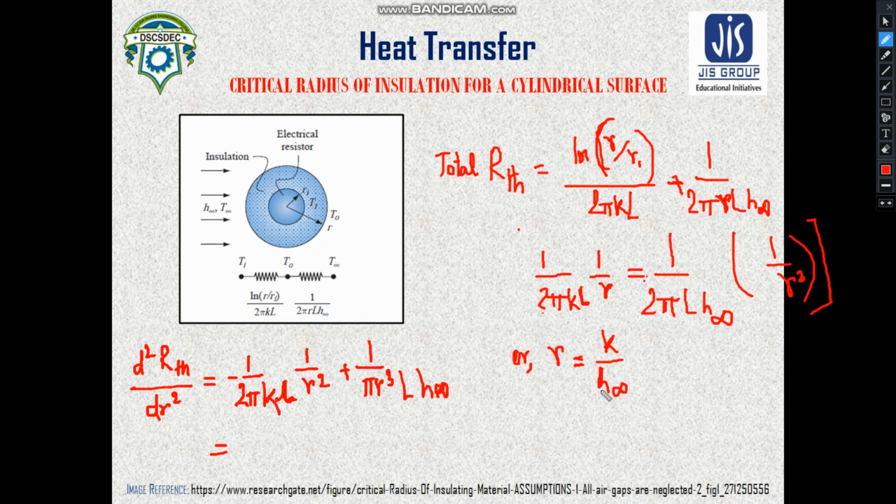So here you have to put this value, and ultimately you will find this becomes h infinite to the power 2. That means h infinite square divided by 2 pi k cube.